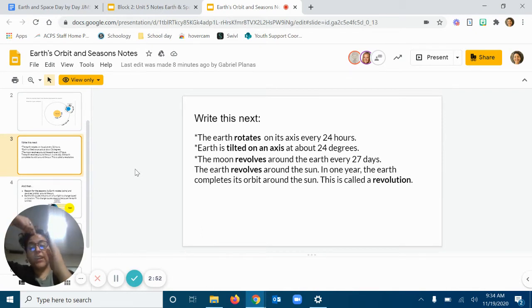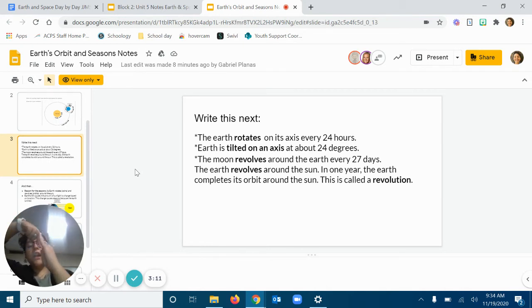So it's give or take, but about those 27 days gives us a month because that's how the moon revolves. Revolves is going all around the Earth like this.